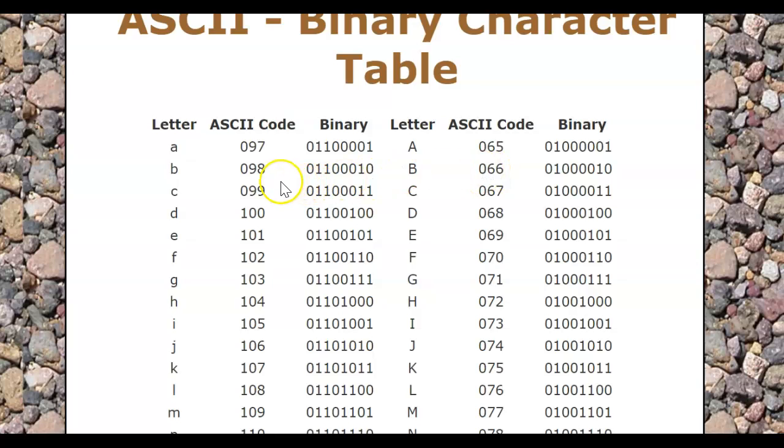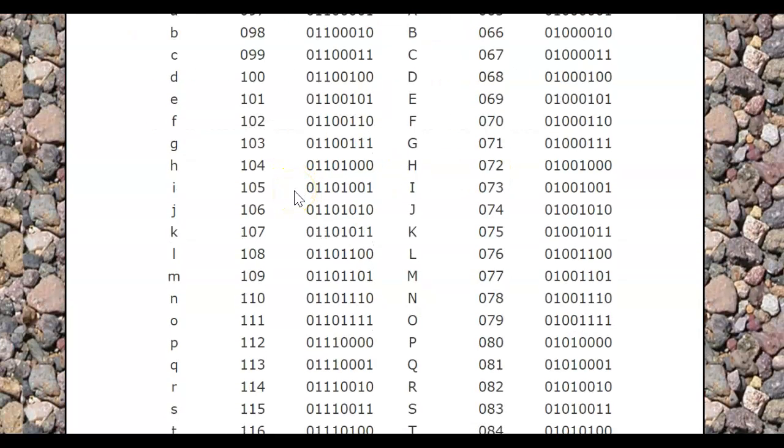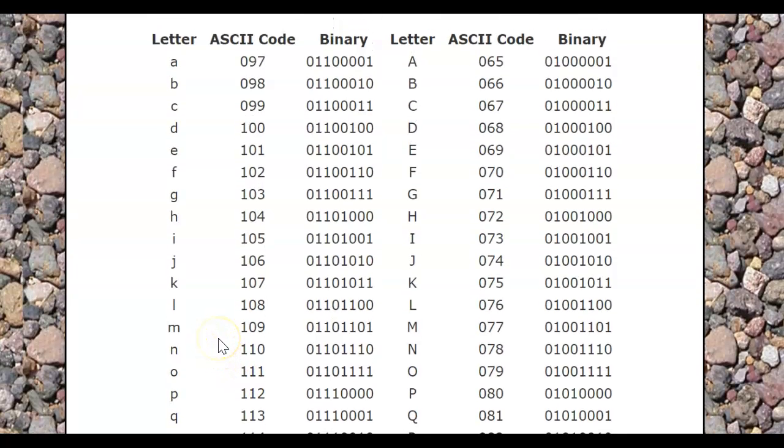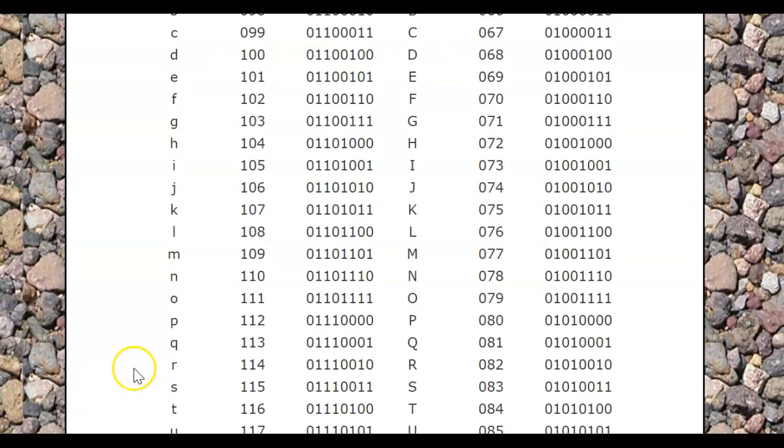Notice that lowercase and uppercase have different values. And so that's because they show up as different on a computer. And so, for example, capital A is the number 65, or 01000001.